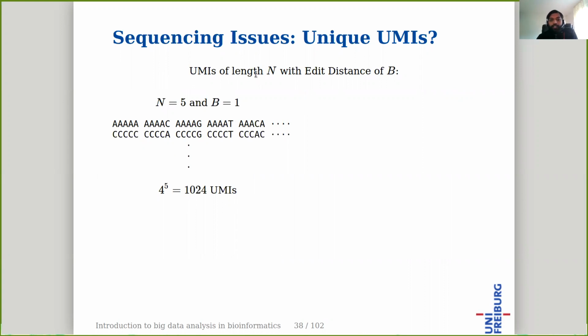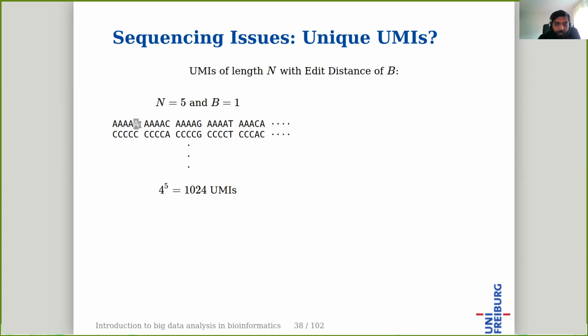To generate UMIs of length n with an added distance of b, so n is equal to 5, for example, and added distance b of 1. The added distance says how many nucleotides we need to change to generate a different UMI. So the difference between the first one and second one is 1.